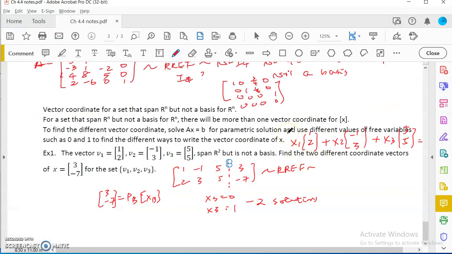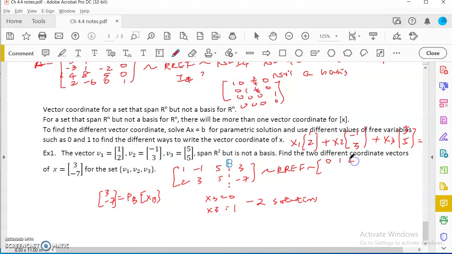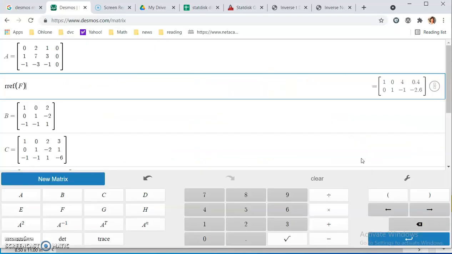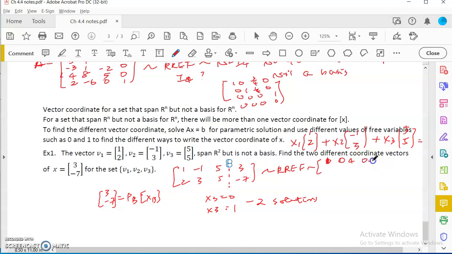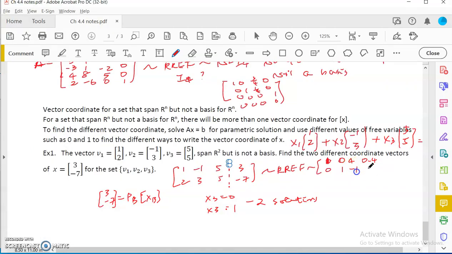So I'm going to write down the answer, and you know that it is not a unique solution. The RREF is 1, 0, 4, 0.4 and 0, 1, -1, -2.6.